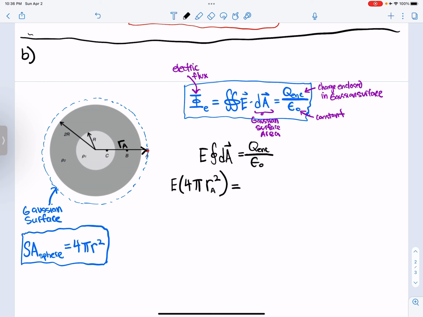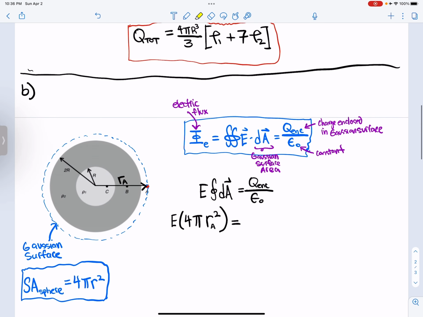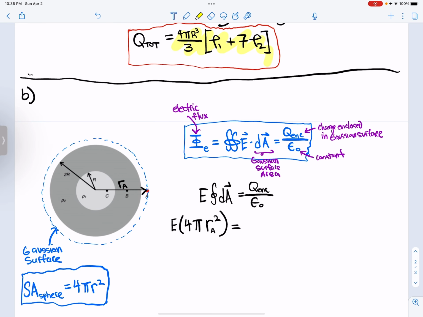That's going to be equal to the charge enclosed, which, what is the total charge enclosed for this ball? We don't need to solve for it because we solved for it in part A. The total charge enclosed is this.